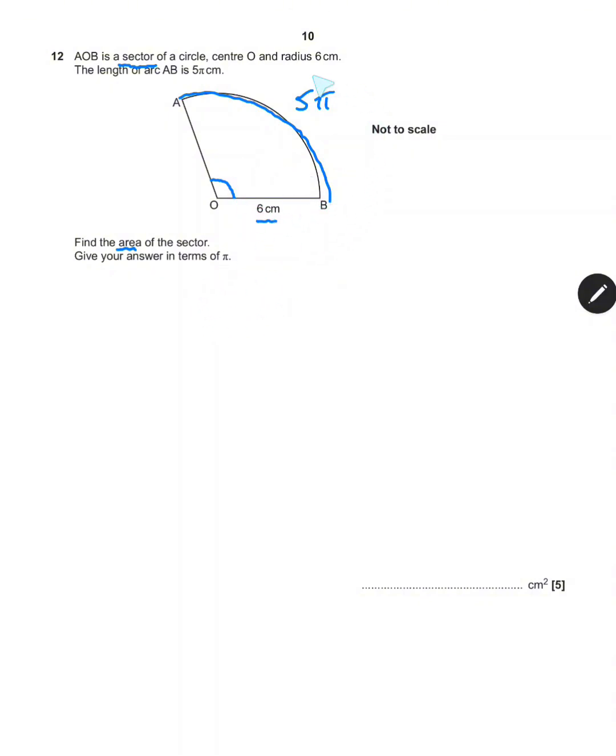So what I'm going to use is the arc length, and the arc length is given by the missing angle theta divided by 360, that's the full circle, multiplied by pi, multiplied by the diameter.